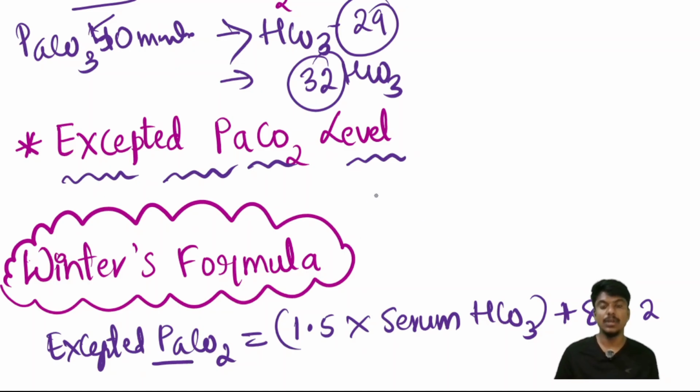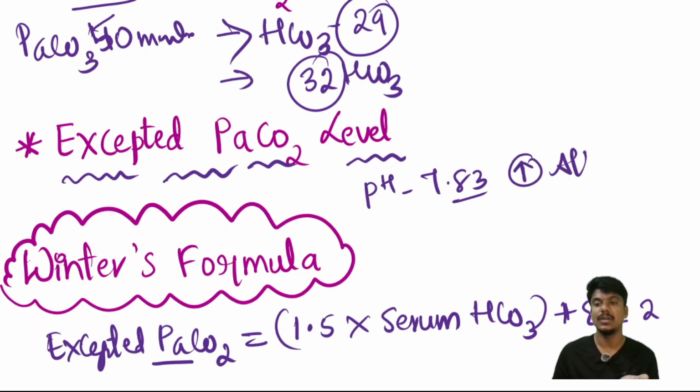I told you this works only when there is a metabolic problem, when there is kidney injury. How much is your lung going to retain the CO2? If pH is 7.83, more pH means it's an alkalotic situation.